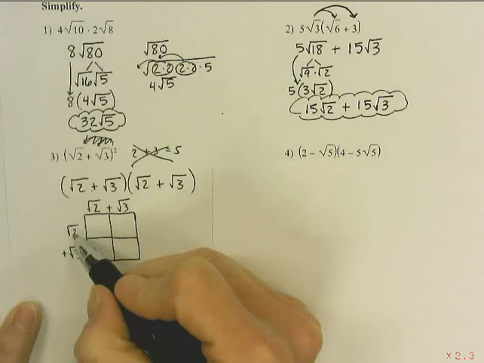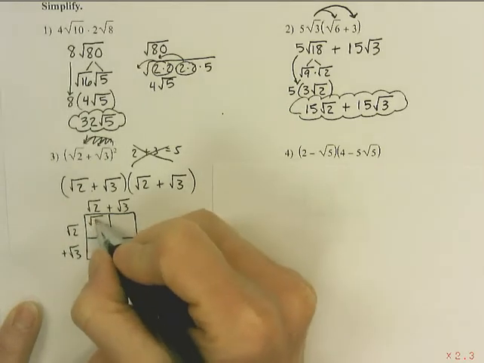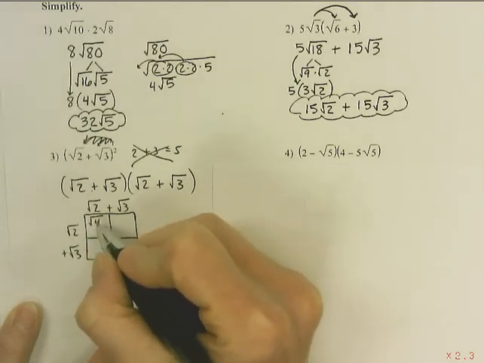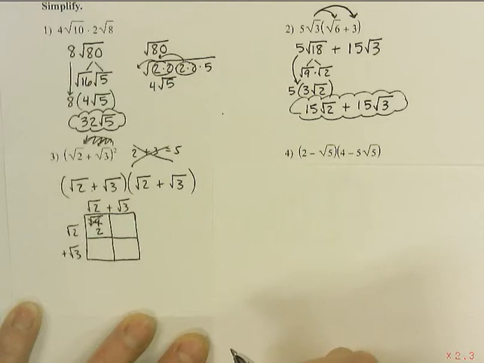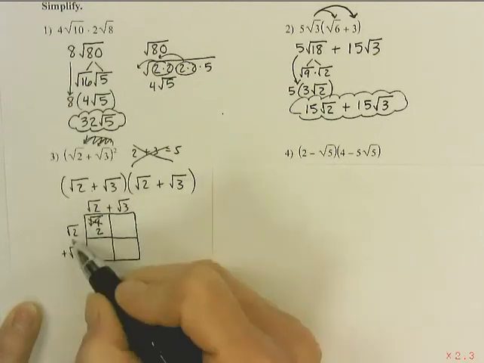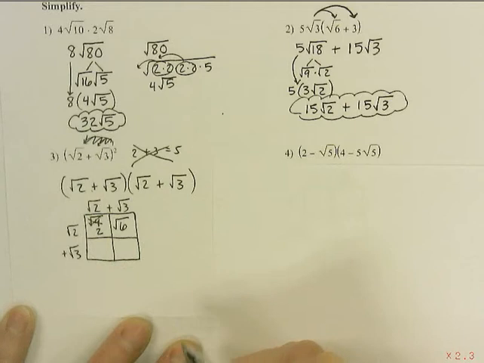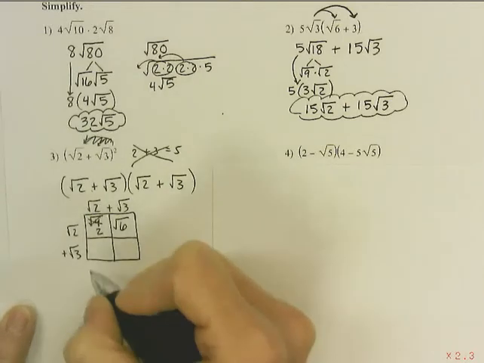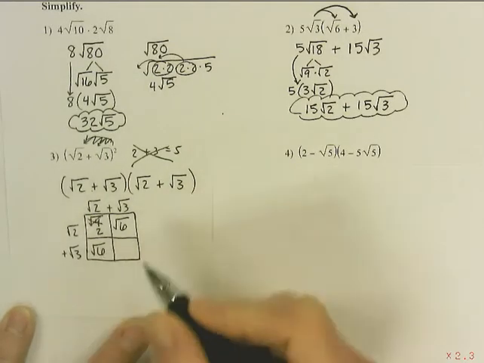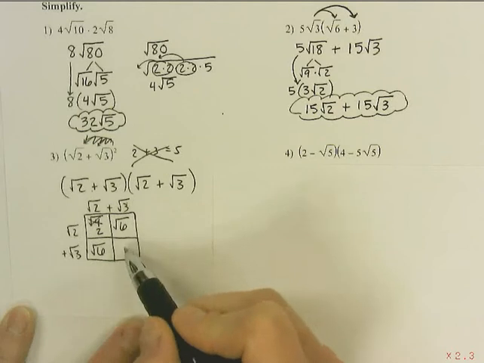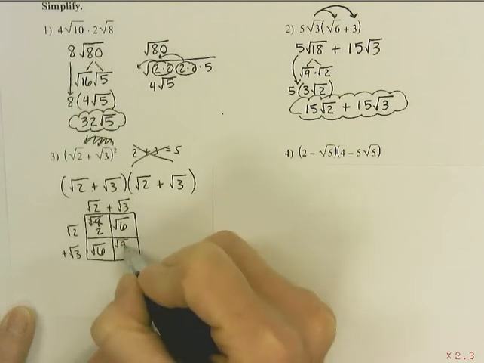Okay, so root 2 times root 2 is going to be root 4, which is actually 2. Root 2 times root 3, square root 6. Square root 3 times square root 2, square root 6. And square root 3 times square root 3 is a square root 9, which again goes to a whole number, which is 3.